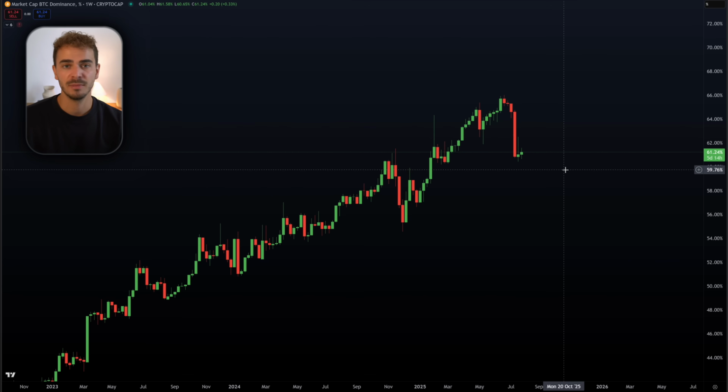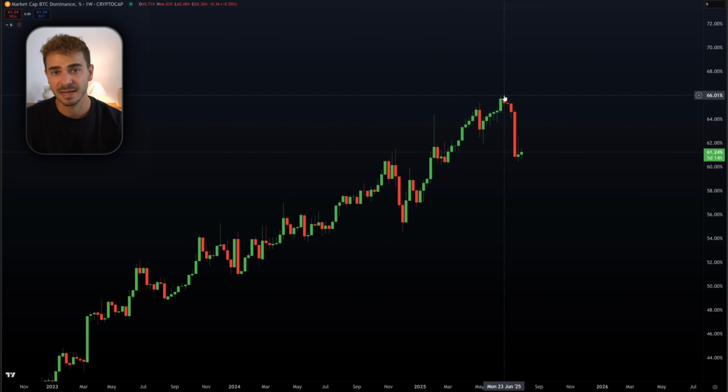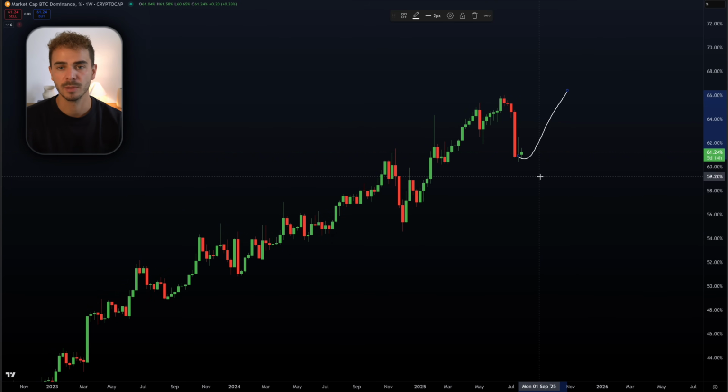What that means to me is that I'm not getting super bearish on BTC, nor am I getting super bullish on altcoins just because we've seen this Bitcoin dominance drop. This could easily be the higher low before we make a higher high. So I cannot really use this as additional confluence for my trading unless I see the market structure clearly breaking.